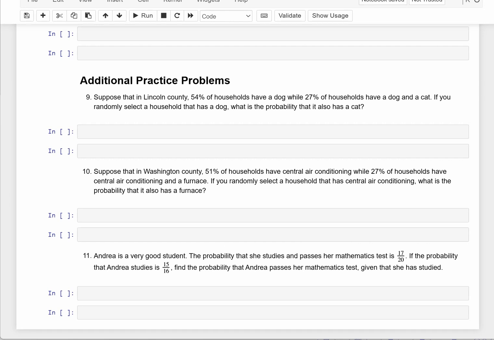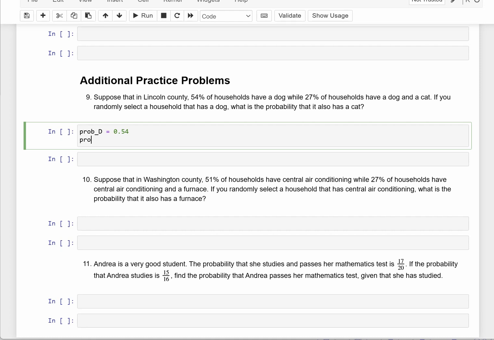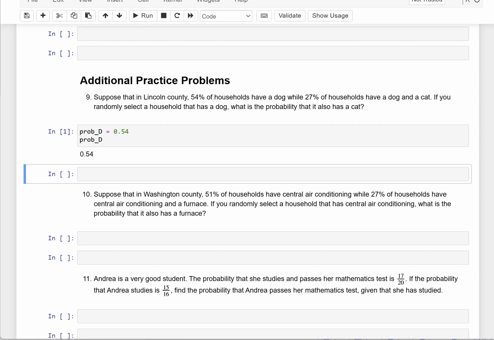Suppose that in Lincoln County, 54% of households have a dog. Okay, so the probability of D is equal to, actually, let me do it this way. Let me do prob underscore D equals 0.54. Why? Well, because when I enter that, it assigns that, so I'll have this variable I can use.